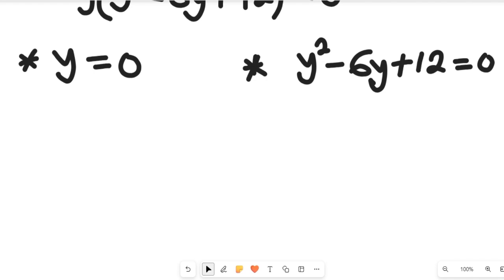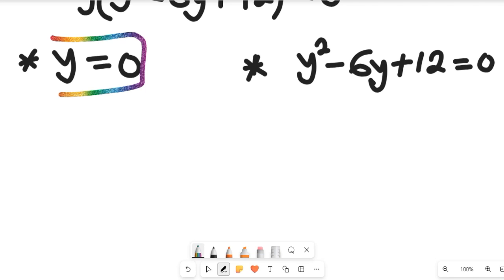So from this point, we can see that the first solution, y, is equal to what? 0. Now we're going to consider the other two solutions by solving this quadratic equation using the quadratic formula.